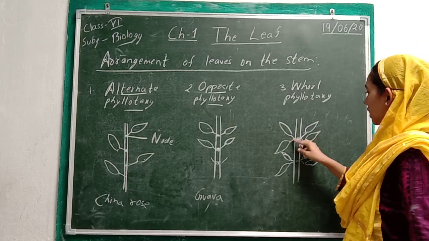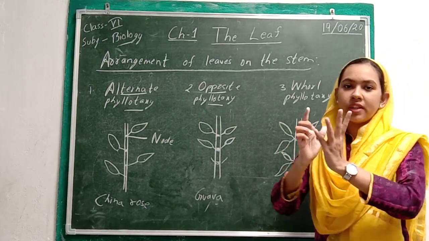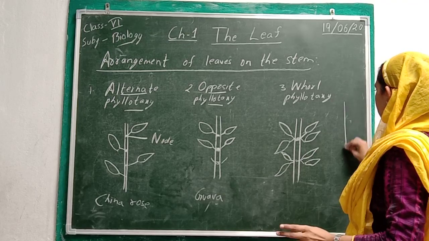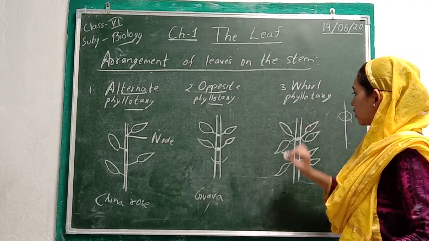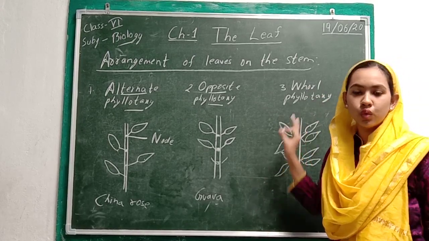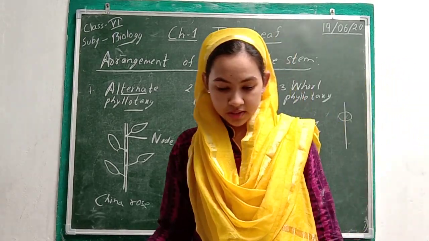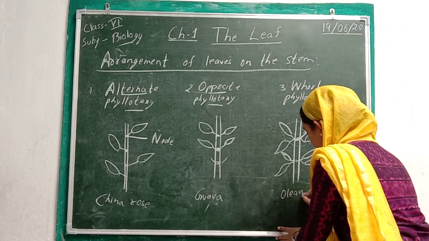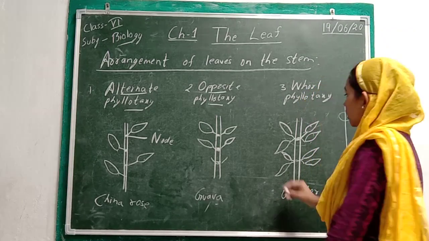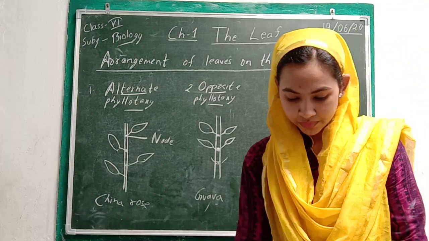And you see that the leaves are arranged in such a way that they form a kind of circle. See, it is more or less forming a kind of circle. So this is known as whorled phyllotaxy, and you can see this in oleander. So this was about the phyllotaxy.